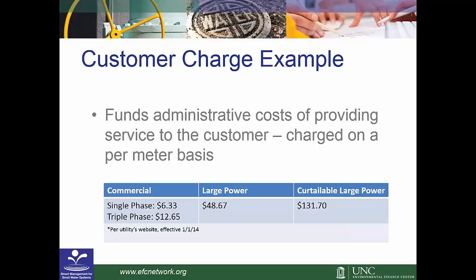There's also a large power customer class and something called a curtailable large power customer class, where you get credits on your bill if you agree to be on this and you qualify to be on this, and they can cut back on the power they deliver to you at times. And then to kind of claw back some of the credits they're giving you, they have a larger customer charge than the typical large power class there.